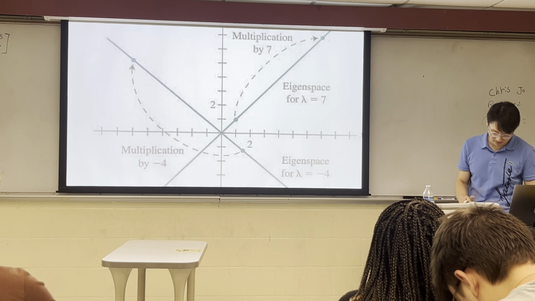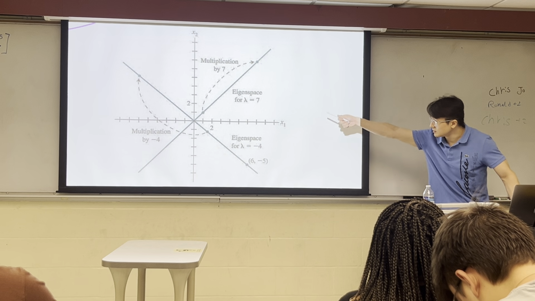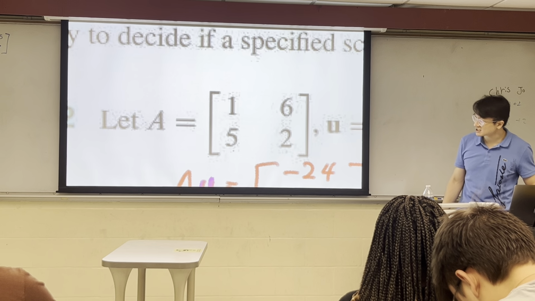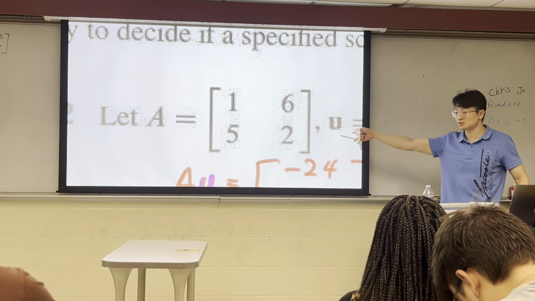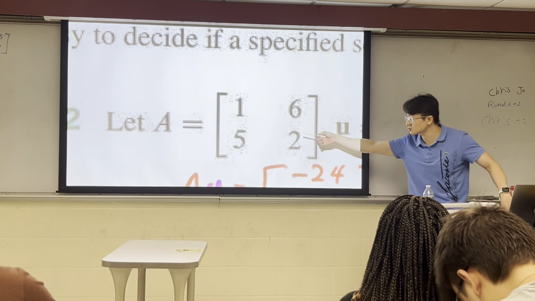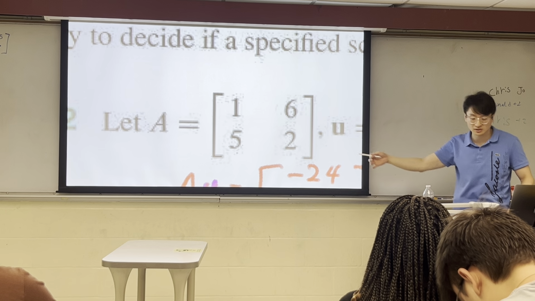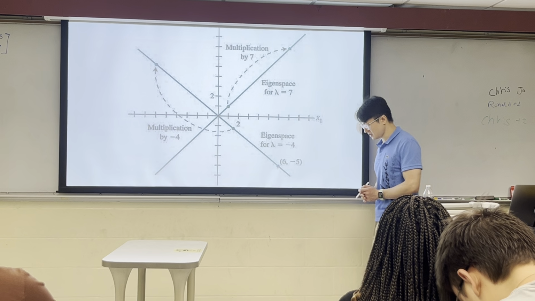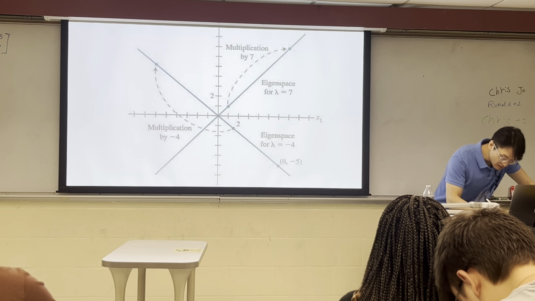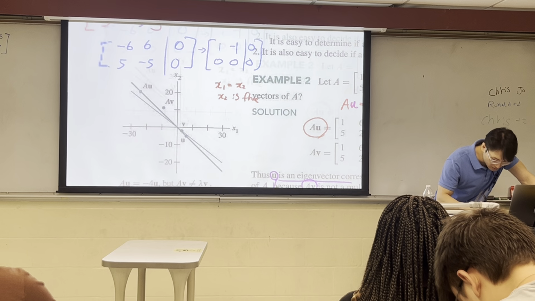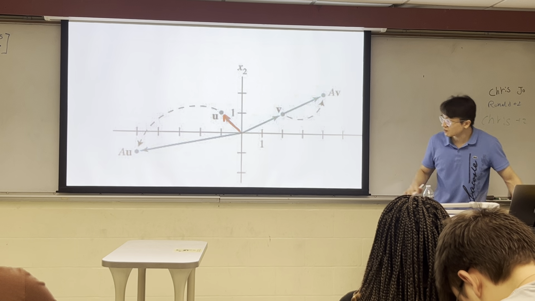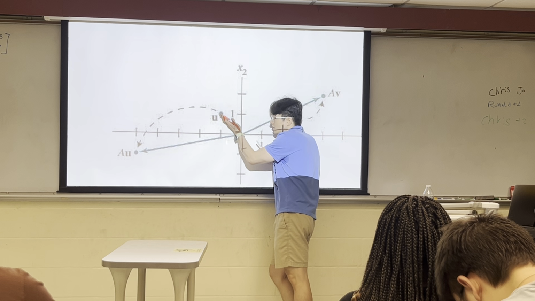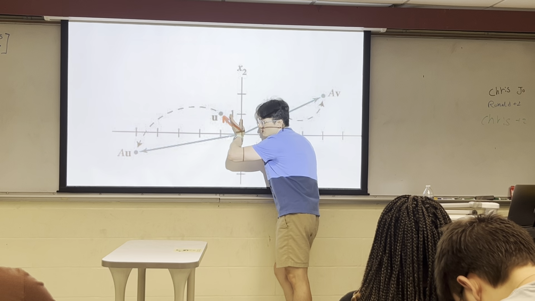Okay, so let's understand this. These two lines are the eigenspaces of this matrix, the transformation matrix we just talked about. With that transformation matrix, if you pick a vector like this, it's going to rotate.